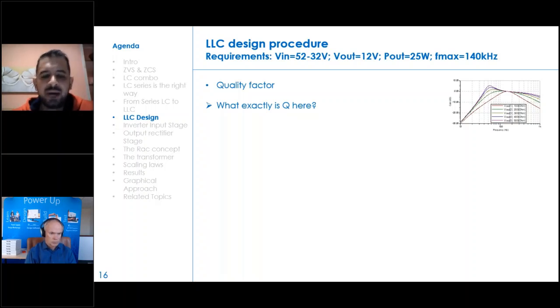Second, without clarifying in which load condition we get our quality factor, you can have infinite combinations. So point number one, define the reference resonance to which you refer your quality factor. Point number two, define the load condition in which you define your quality factor. And then, and only then, we can talk about the quality factor.